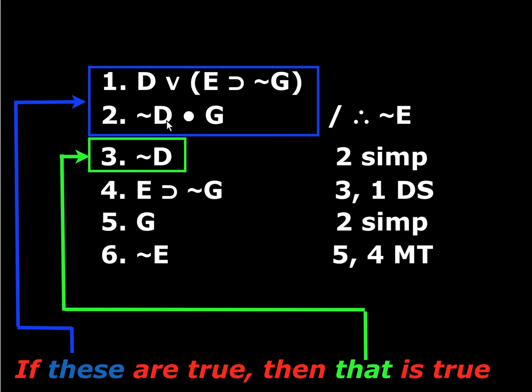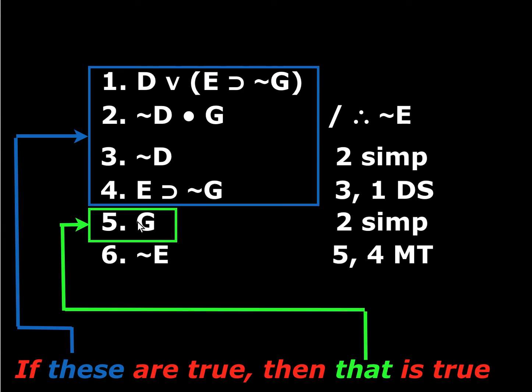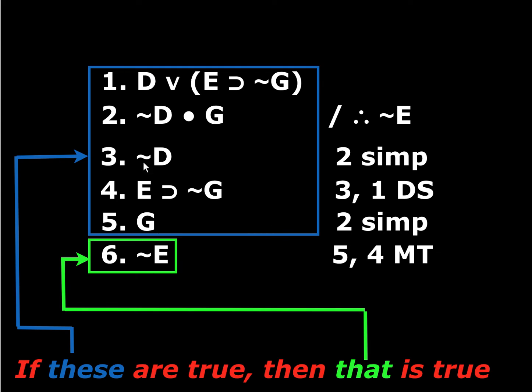If these are all true, then this has to be true, because the rule is truth-preserving. Well, then we got this line, and we know that because the rules are truth-preserving, and we applied them to the stuff that was above this, if these are all true, then that has to be true. And then when we got this one, if all of this stuff is true, then this has to be true. And then when we got this one, if all of these things are true, then this has to be true.